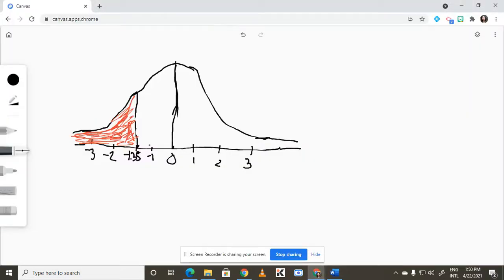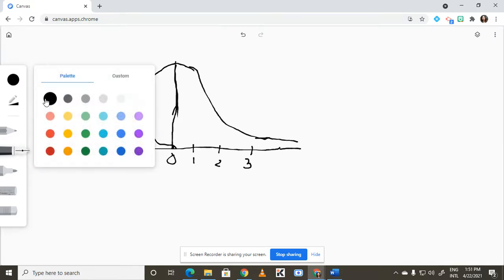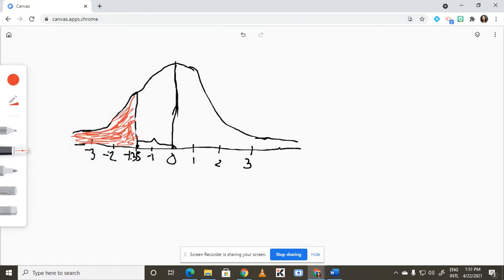So, ibig sabihin nun, anong ibig sabihin? The area from 0, from this to this, yan ang area dyan. Okay, ang area dyan, mula dito hanggang dito, or etong part na to. Okay?